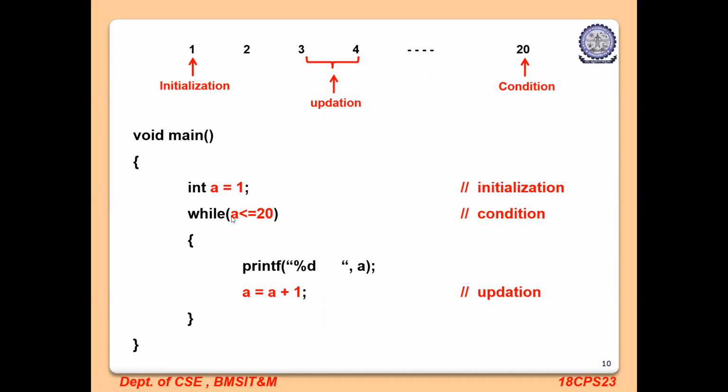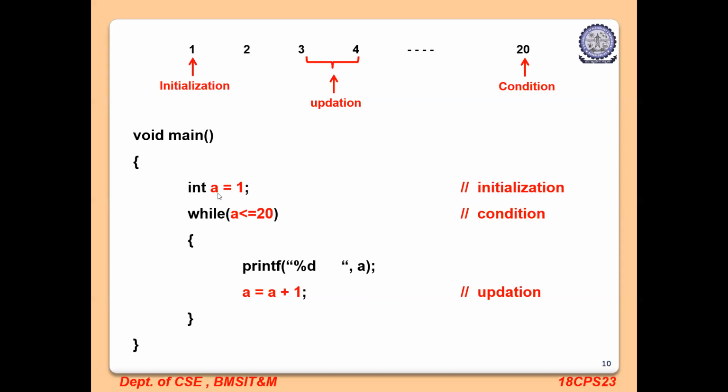It's the keyword while followed by the condition, and whatever statements we would like to execute in the loop will go into these flower brackets. This is called a block of statements. What I want to do in this program is to display 1 to 20, incrementing these values by 1.